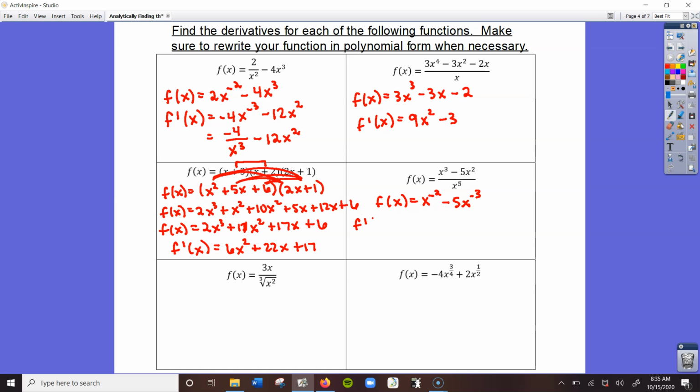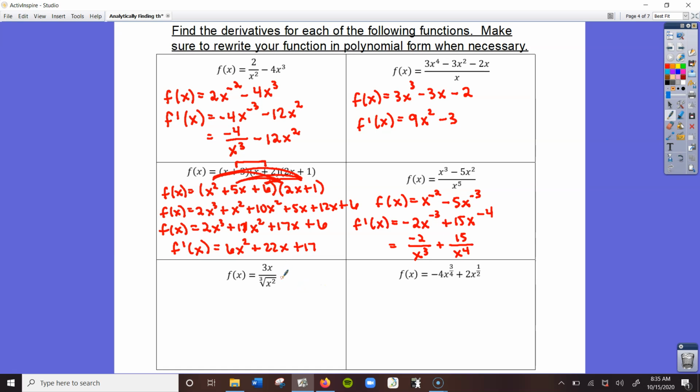So now I'm ready to find my derivative, which would equal negative 2x to the negative 3 plus 15x to the negative 4, which we can rewrite using only positive exponents, and that would be negative 2 over x to the third plus 15 over x to the fourth.